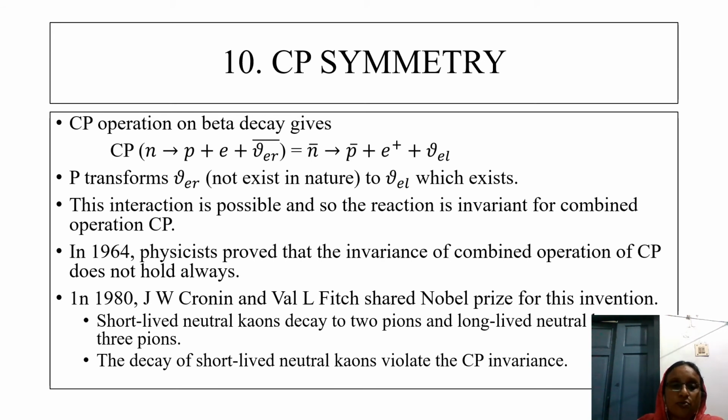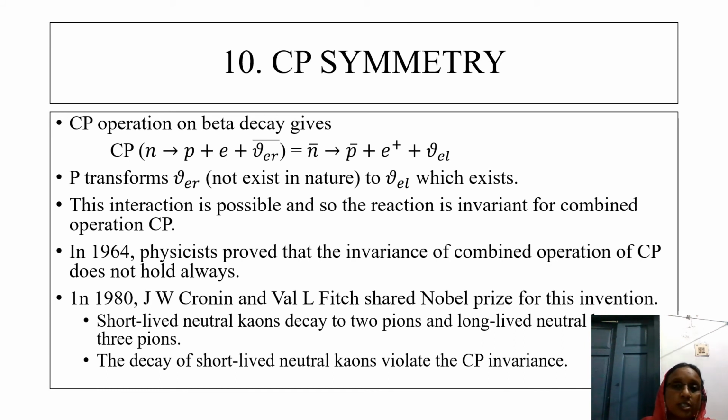In 1964, physicists proved that the invariance of the combined operation of charge conjugation and parity does not always hold. CP invariance is not a universal law. In 1980, J.W. Cronin and Val Fitch shared the Nobel Prize for this discovery. They proved this violation of CP invariance in the case of neutral kaons.